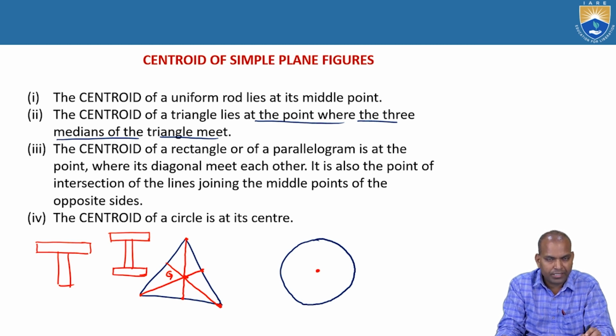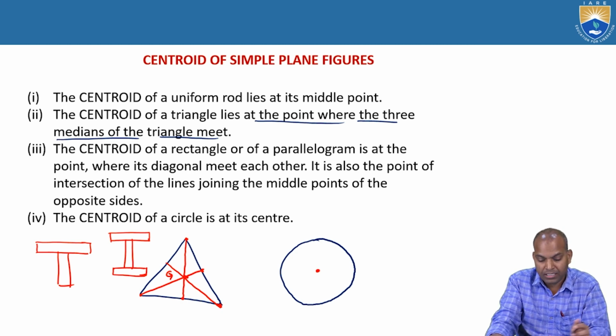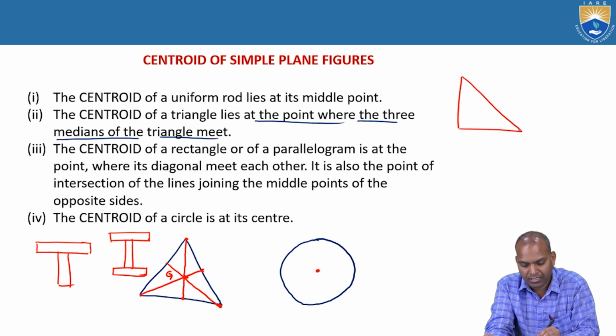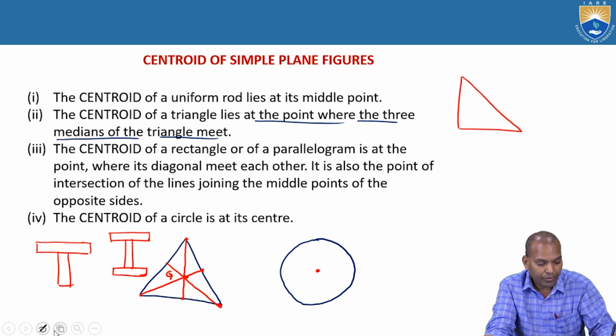Now here, we studied the centroid of a rectangle, centroid of an equilateral triangle, and the centroid of a circle. Or suppose we consider the centroid of a right angle triangle. How to find out the centroid of a right angle triangle?